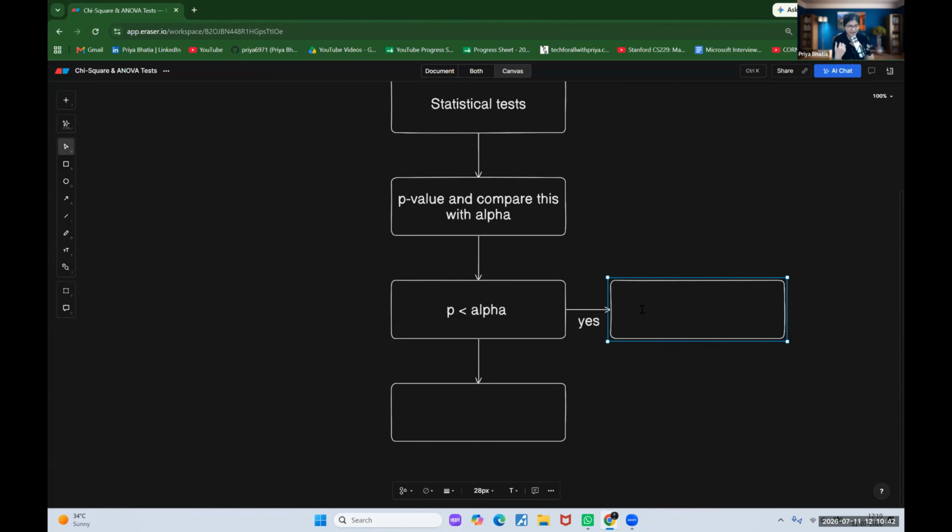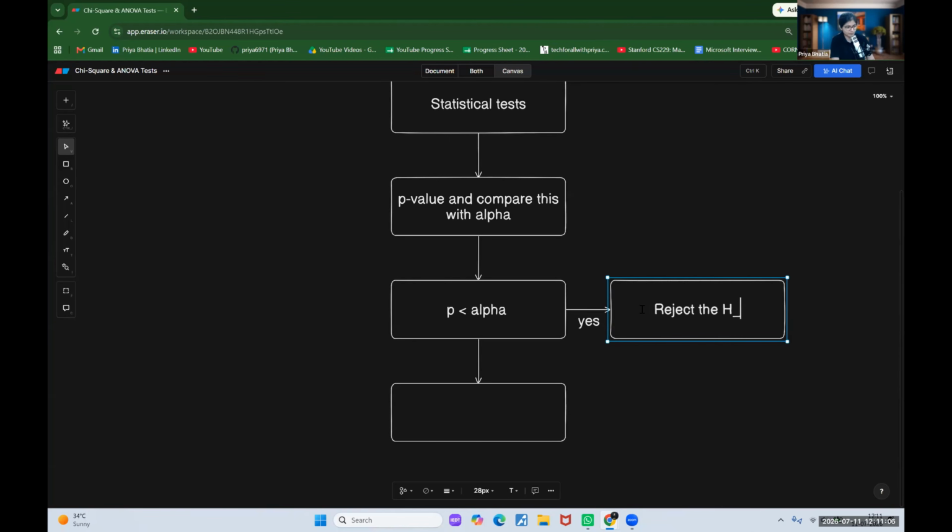Although we do have an alternate hypothesis, our main focus is the null hypothesis. So whenever we conclude something, we say we are either rejecting the null hypothesis or failing to reject it. So if it is yes, because the p value is smaller, we will reject the null hypothesis.